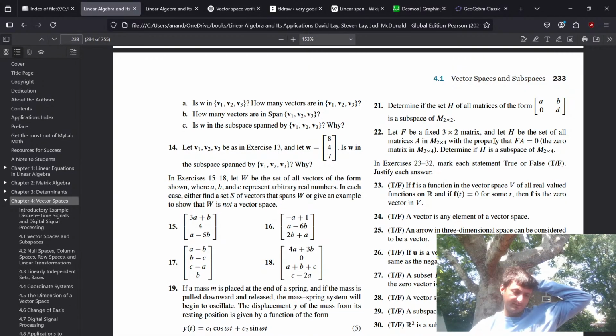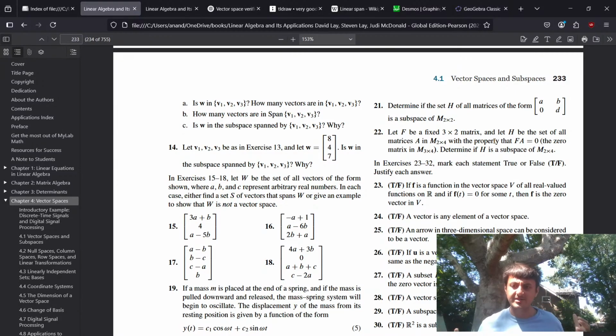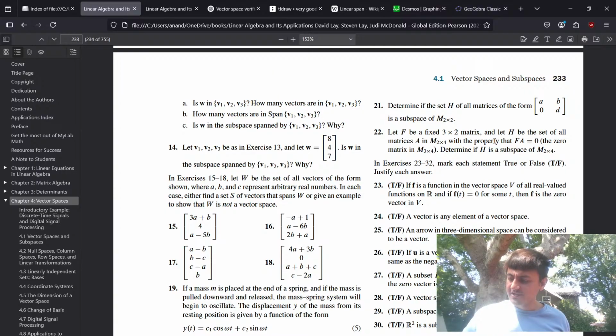So my initial reaction was that either A or F needs to be the 0, but that's actually not true. We showed that earlier, I forget which section, but if you have matrices A and B, A times B equals 0 does not imply that A equals 0 or B equals 0.